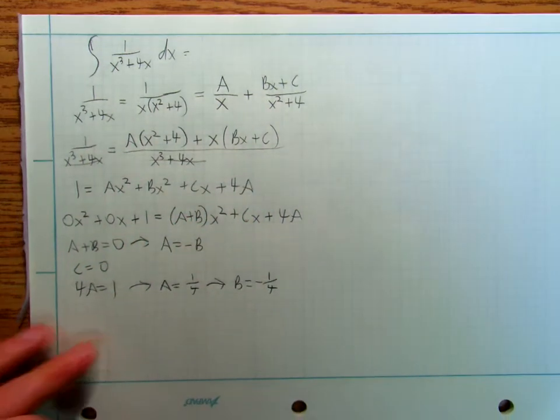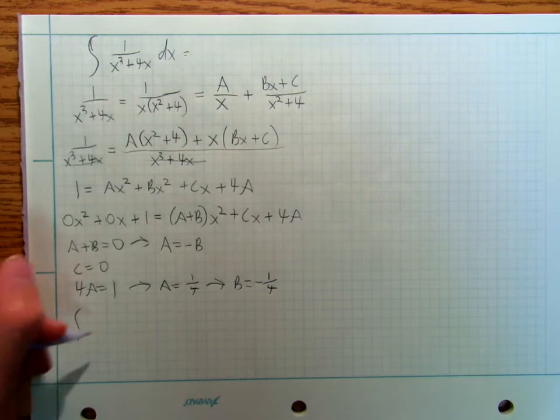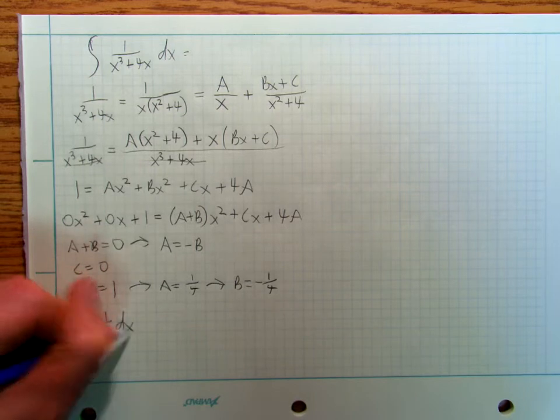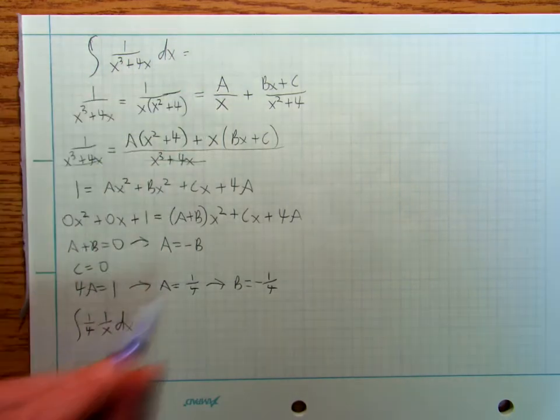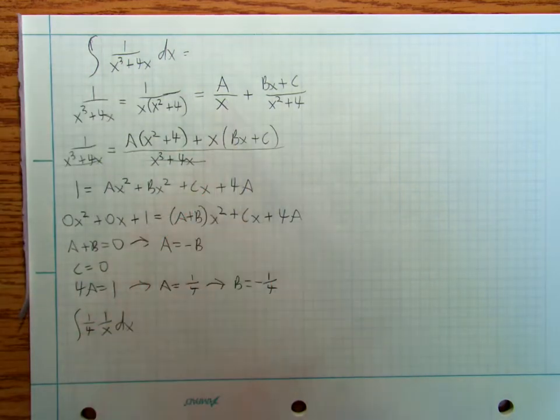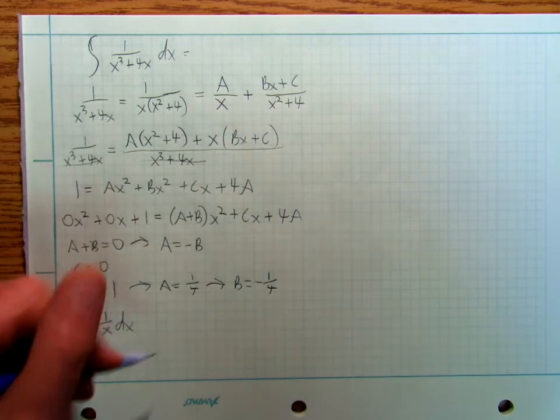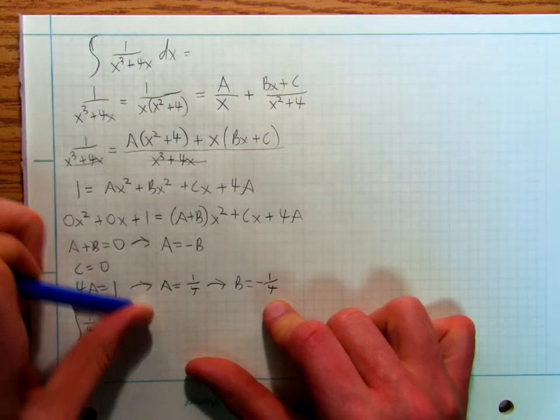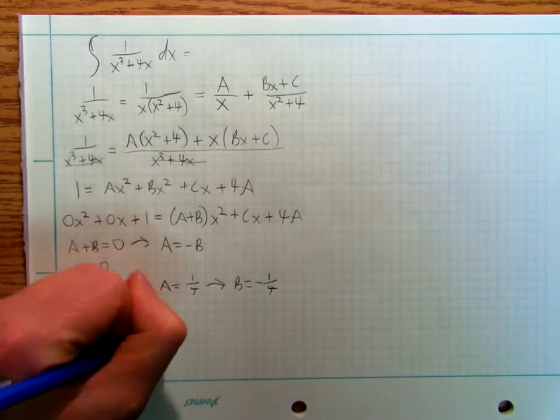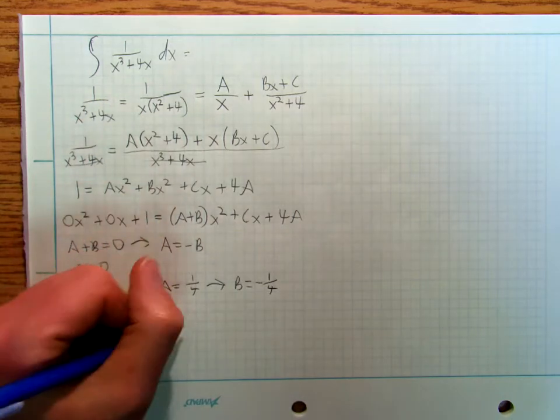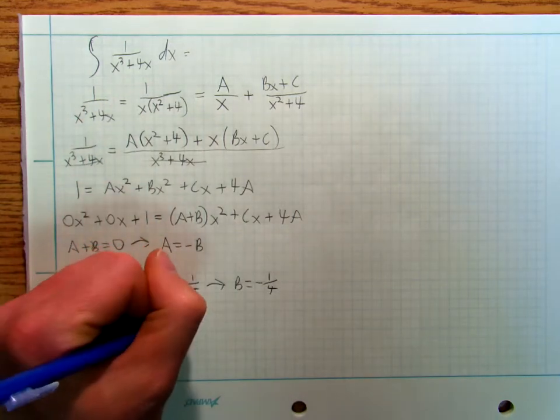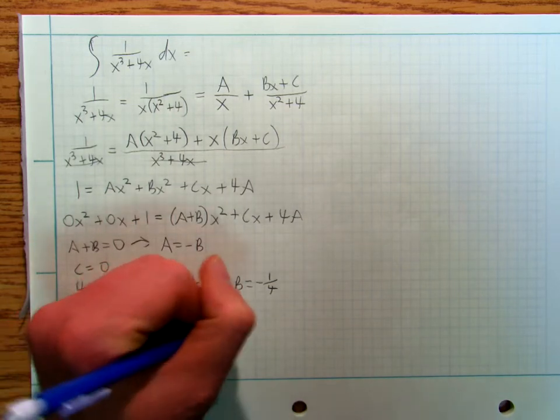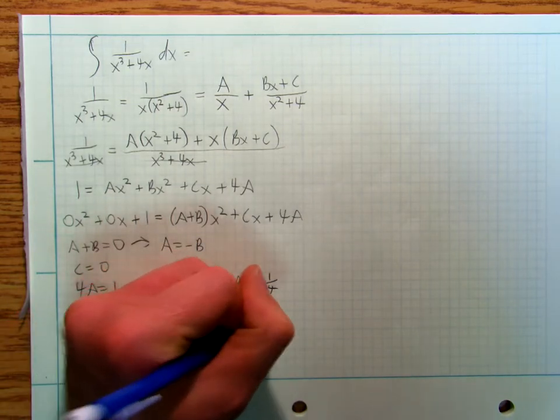Okay, so now I've got the integral of 1/4 times 1 over x dx. Take the integral of that, that ends up down there. Plus, well, it's going to be minus because I got a minus 1/4, minus the integral of 1/4 x over x squared plus 4 dx.